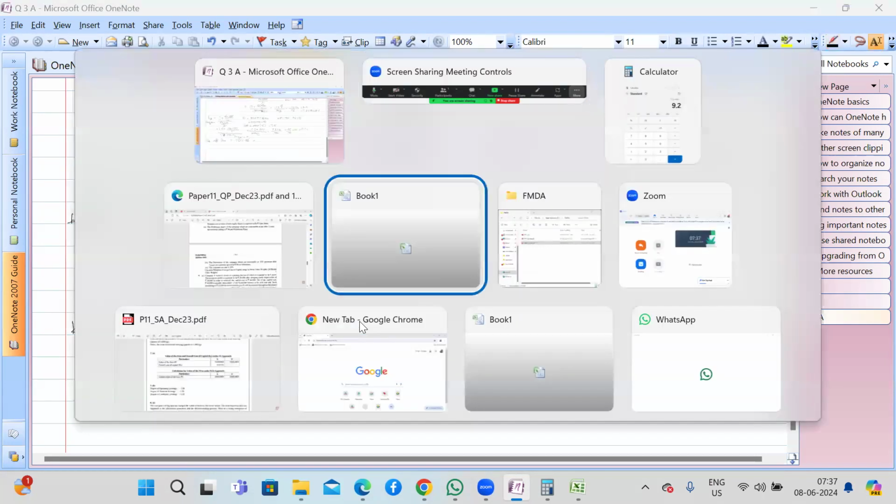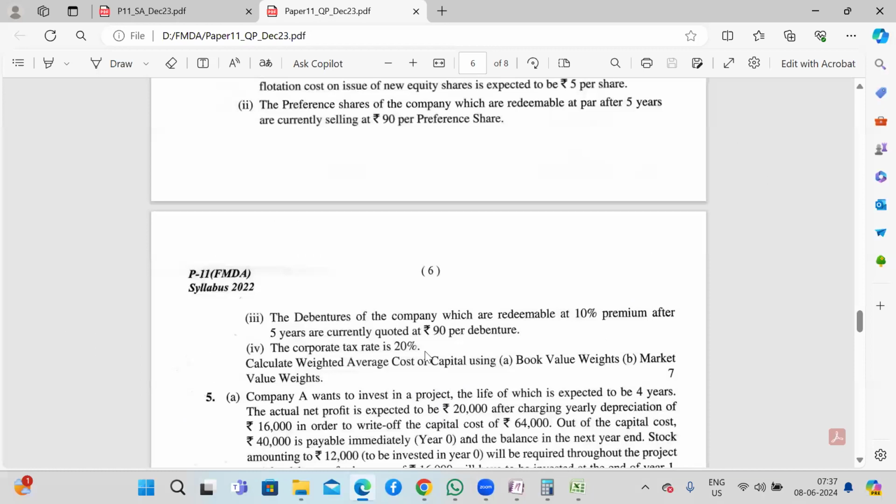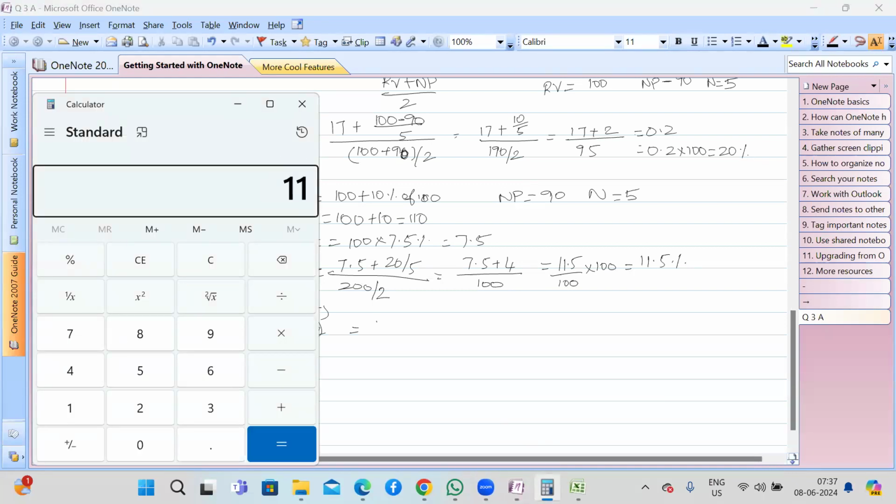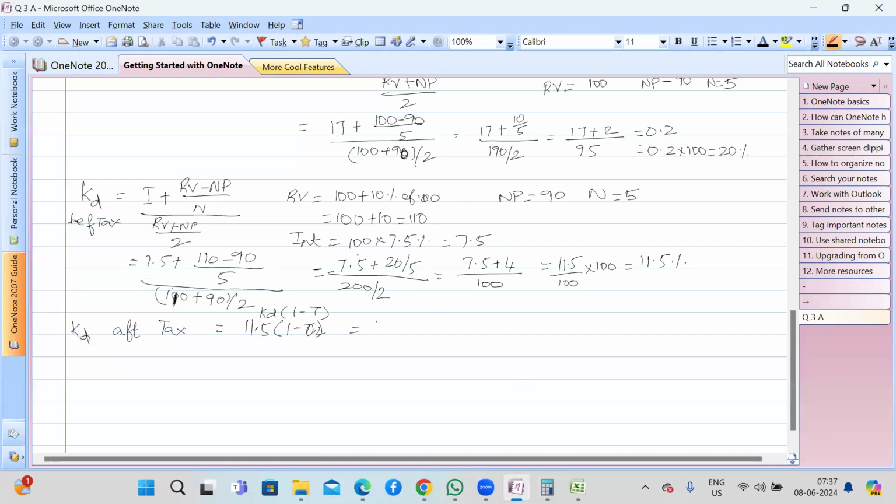Corporate tax they have given as 20 percent, that is 0.2. So 11.5 into (1 minus 0.2), we will be getting 0.8. So 11.5 into 0.8, I will be getting 9.2 percent. That is KD after tax.